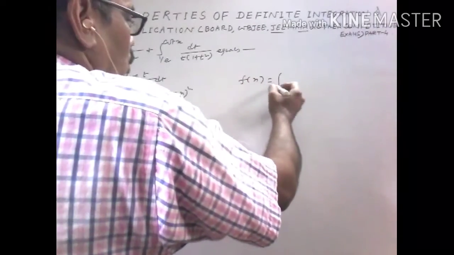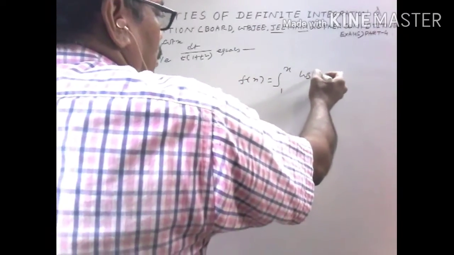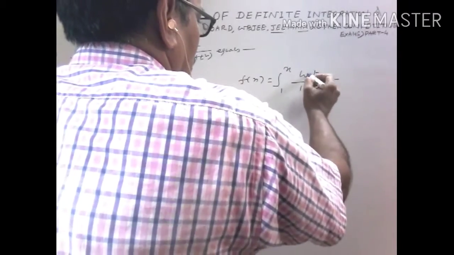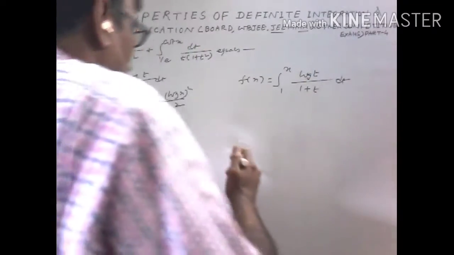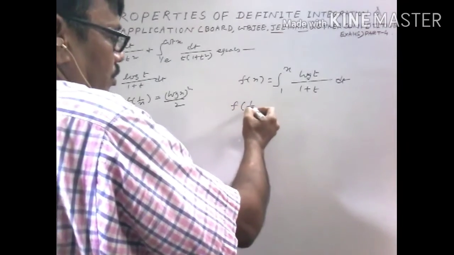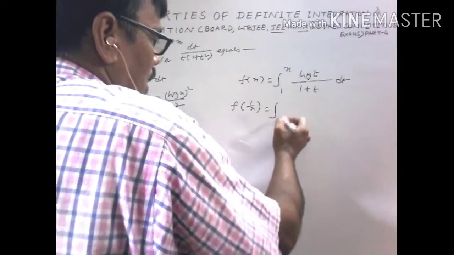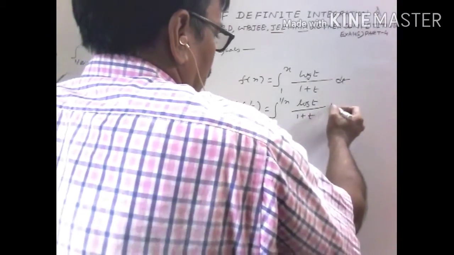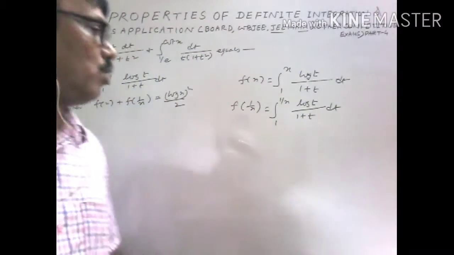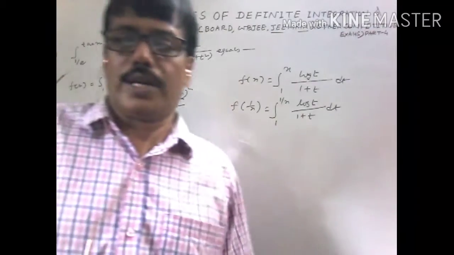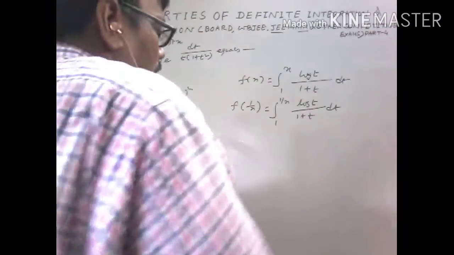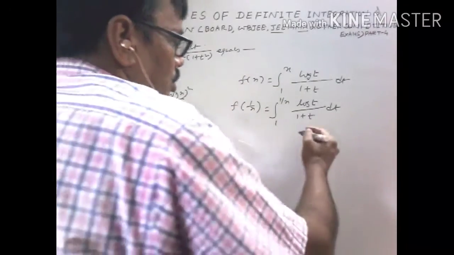So f(x) equals integral 1 to x of log t by 1 plus t dt. So what is f of 1 by x? So integral 1 to 1 by x of log t by 1 plus t dt. So only x is replaced by 1 by x. Now we put a transformation.